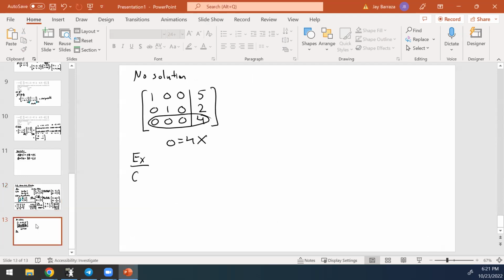So given the RREF is, and I'll do one from the review, 1, 1, 2, 0, 0, 0. Now they were not nice enough to draw you the line, but I will draw it for you. Find the solution.